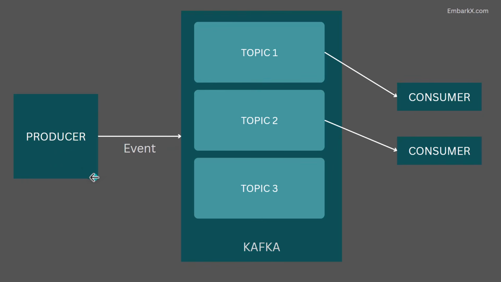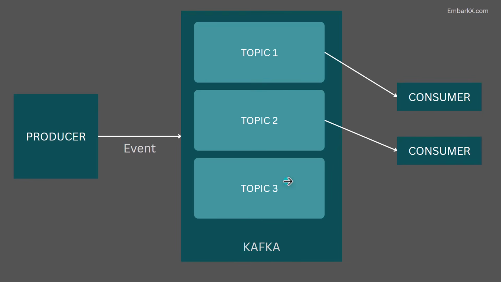If you want to send some customer related message, you should have a separate topic for customer. So it's basically a segregation within Kafka. You can have topics like order placed, user signed up, payments done. If a user signed up, there can be some consumers listening. If a payment is done, there can be some other consumers listening to these kinds of messages. So it's a segregation within Kafka.